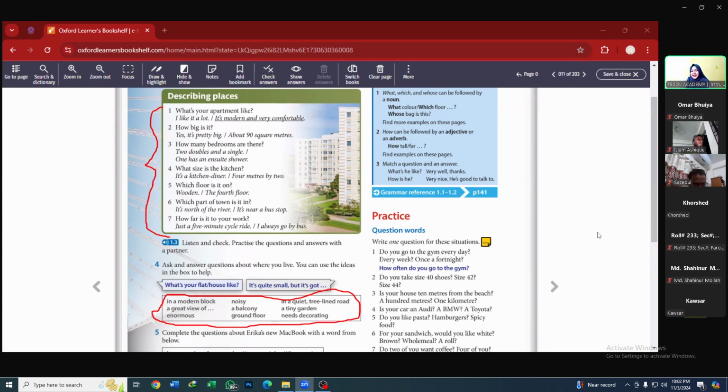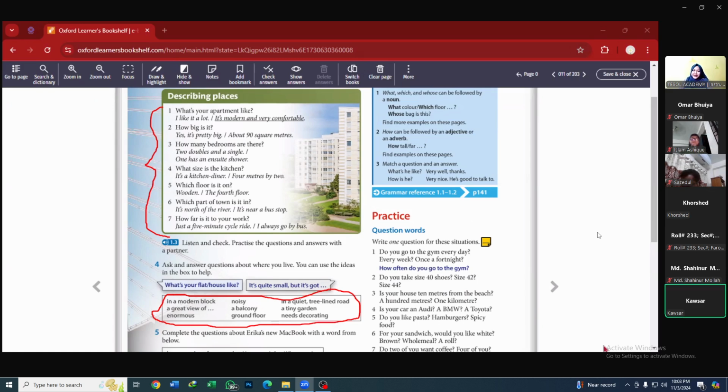Yes. Good. What size is the kitchen? 8 by 6 meters. Thank you. Great. Which floor is it on? It is on the fourth floor. Thank you.